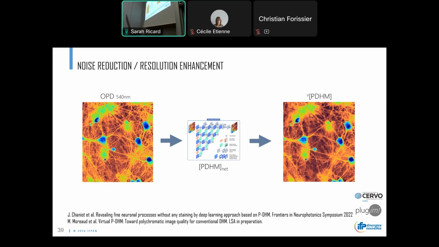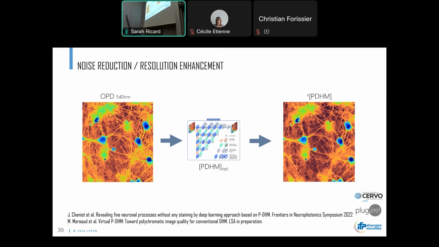The idea is to take 20 images of your sample, varying the wavelength of your laser to produce the hologram. Doing like this, you produce structure and noise that are not the same, because it's linked with the wavelengths of your laser, so you produce images that are different. And if you take the average of all your images, you obtain something without noise.